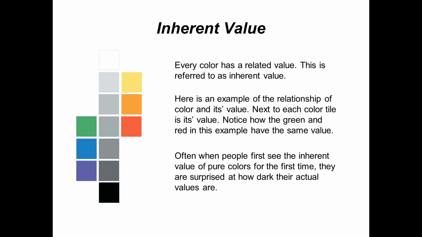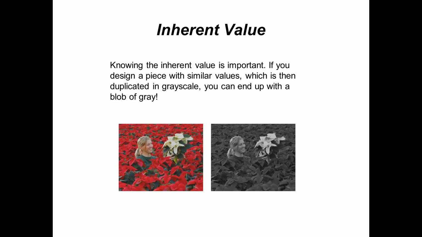Often when people see inherent value of pure colors for the first time, they're surprised at how dark those values actually are. So when we look at the red and the green, we can see that it's really kind of a medium value of gray if we look at the inherent values. So just a nice fact. Another thing, knowing the inherent value is important.